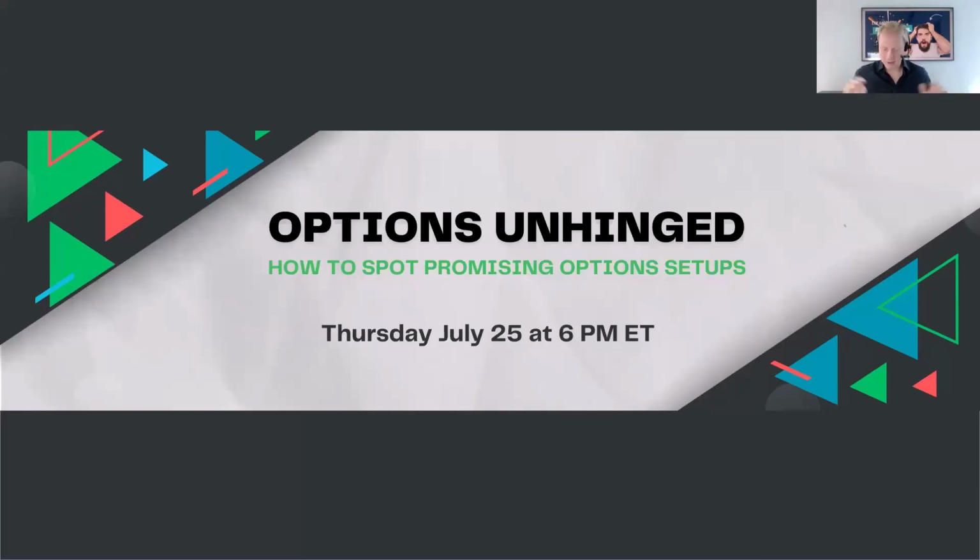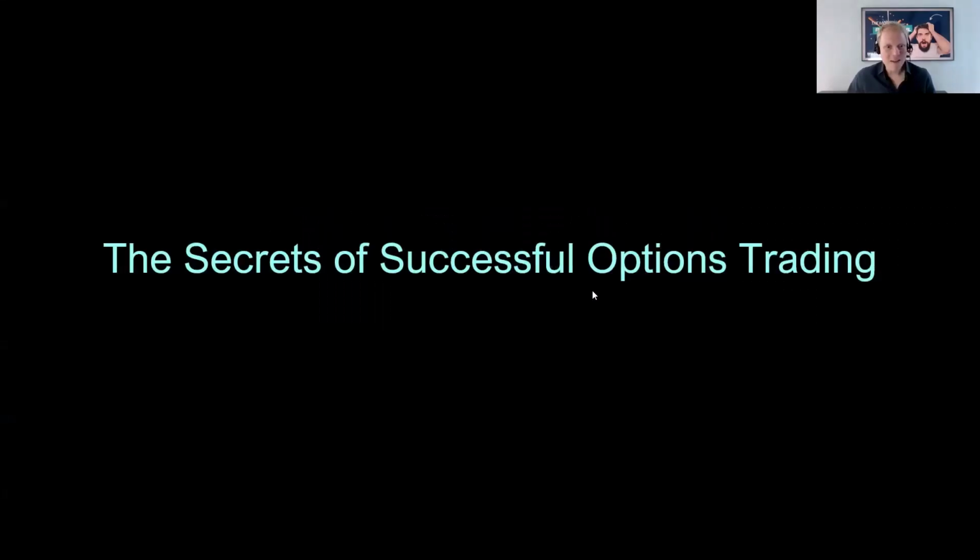So please, throughout the session, ask as many questions as you have. Put them into the Q&A box. Request symbols. Ask our special guest anything you want to know. This is an opportunity for all of you to make this session your own and get as much out of it as possible. So how to spot promising setups, or in other words, the secrets of successful options trading.